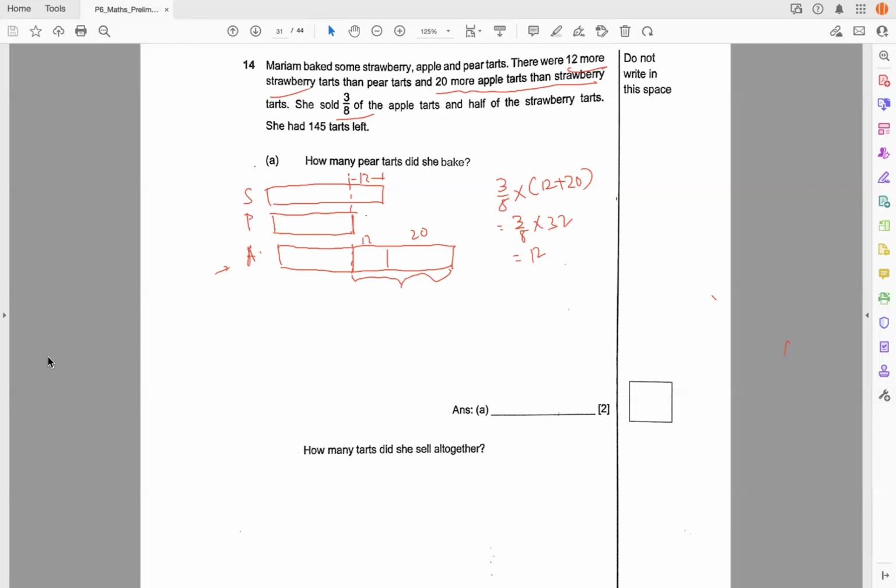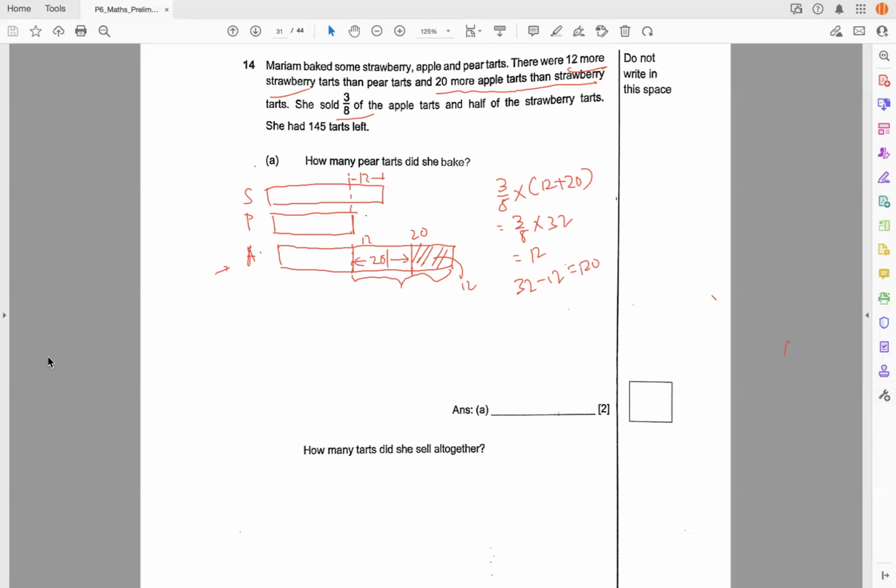That is 12. So I'm going to show out 12. And what's remaining? 32 minus 12, I am remaining with 20. So there's 20 over here.